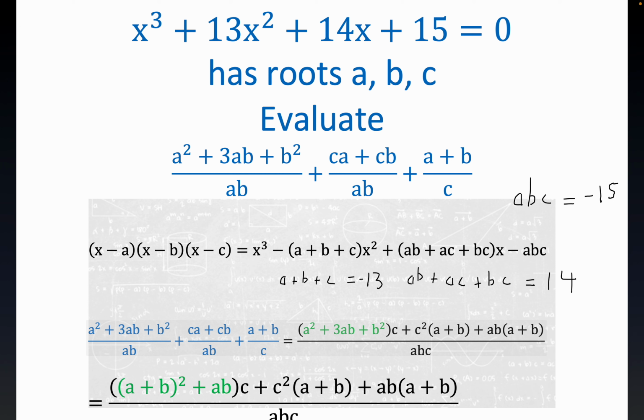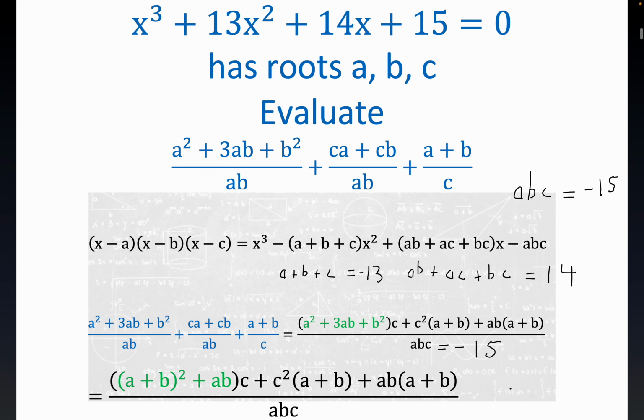Why were we motivated to do that? Because we know that abc is equal to negative 15. So you see, we're kind of towards our answer already. We know that abc itself is equal to minus 15, but we've got to get the rest of this resolved, and we anticipate getting it resolved in terms of these elementary symmetric polynomials. Again, it's mainly algebra.